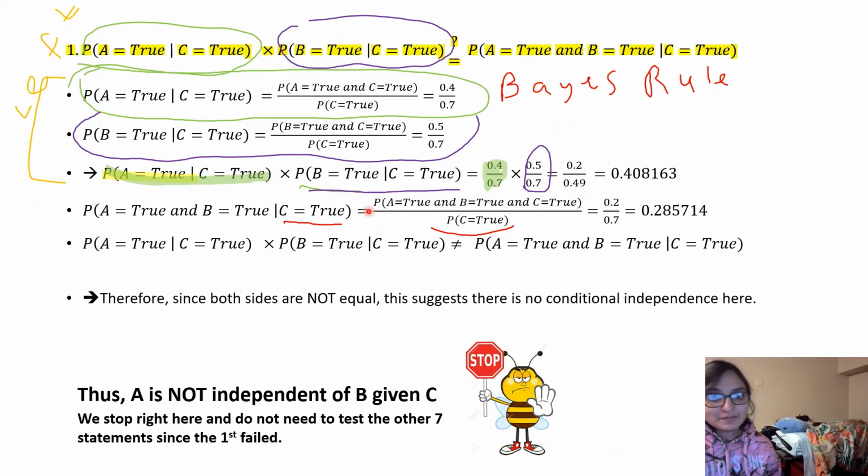So we found from before, from the joint probability table, that this is 0.2, and the probability that C is true is 0.7. So when we do this, we find that this is 0.285714. So this is the right hand side.